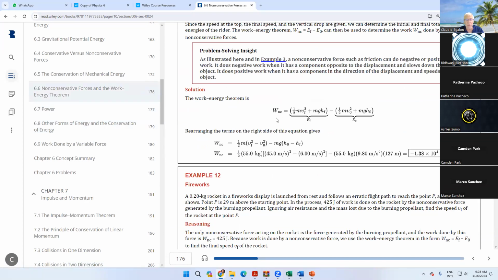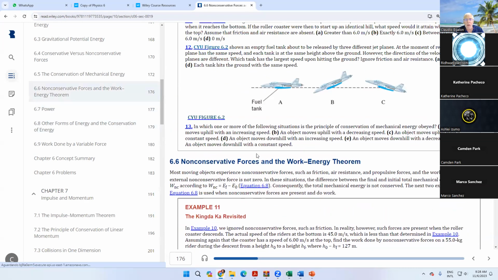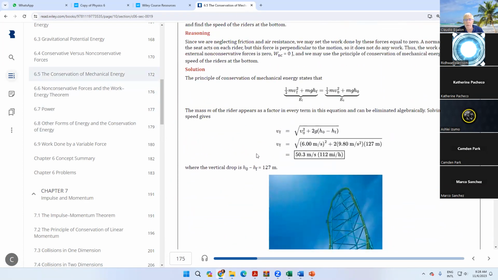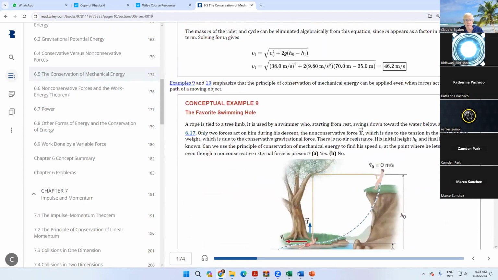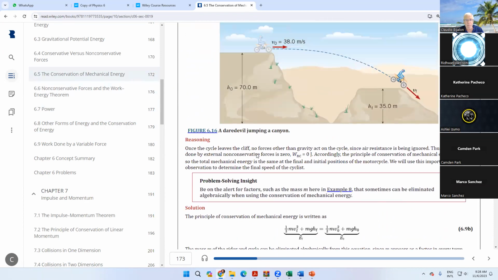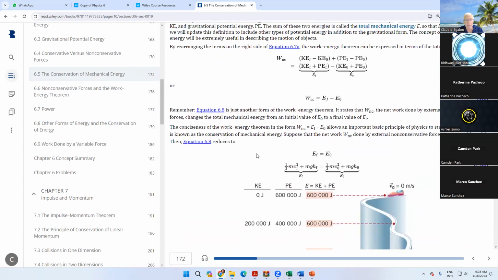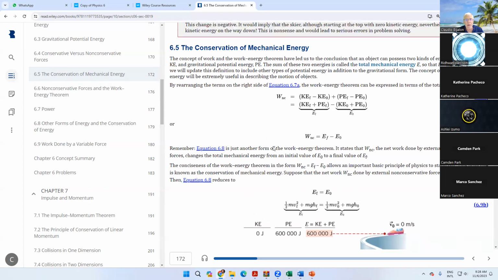And for non-conservative force, work done by non-conservative force. Let's see, what does he have here? Here you go, potential energy. He's using P, conservation of mechanical energy, okay?